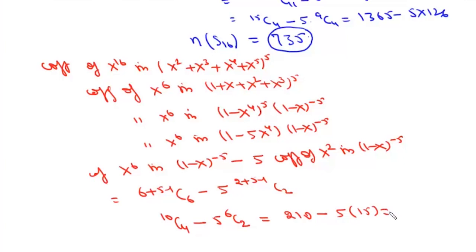So this value will be 210 minus 75, which is 135. So that's your favorable cases. Now we can work out this probability. So this probability will now be 135 upon 735, which is 9 by 49.